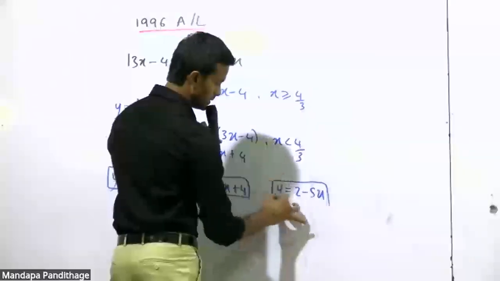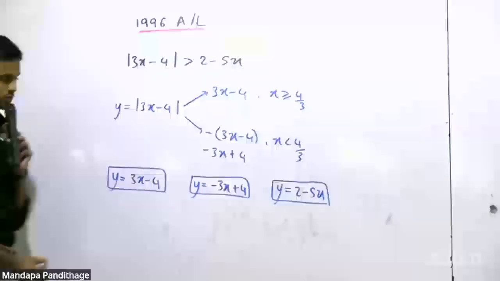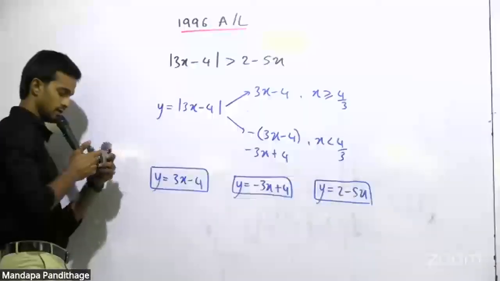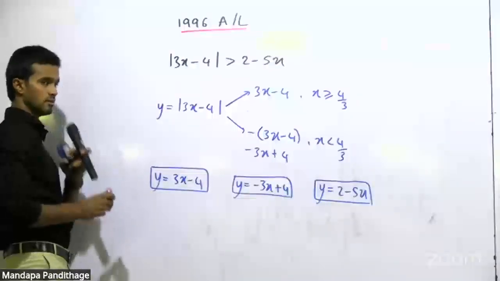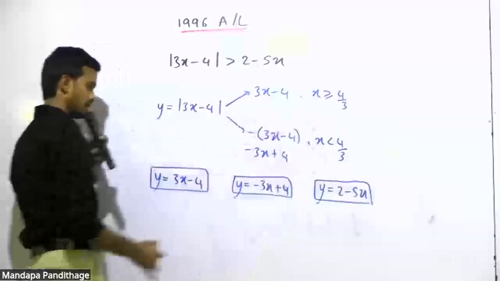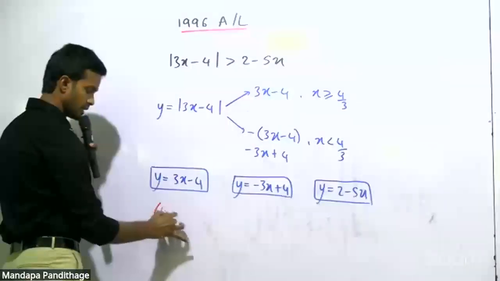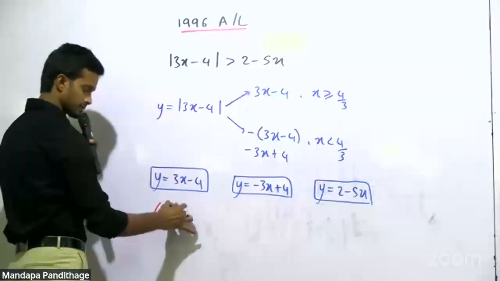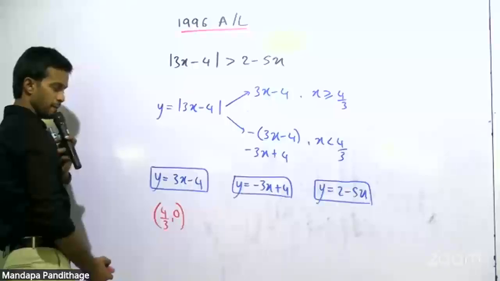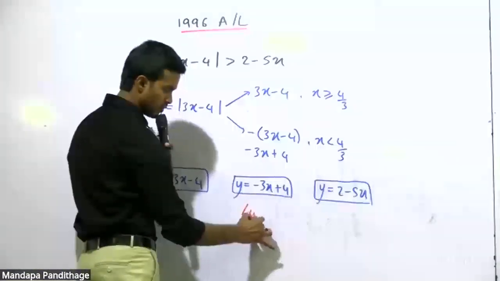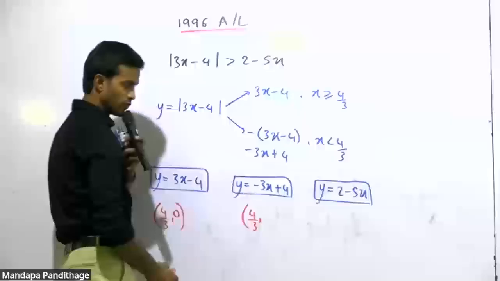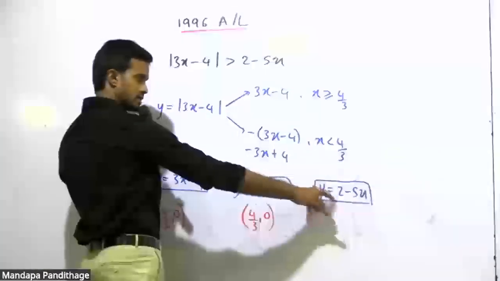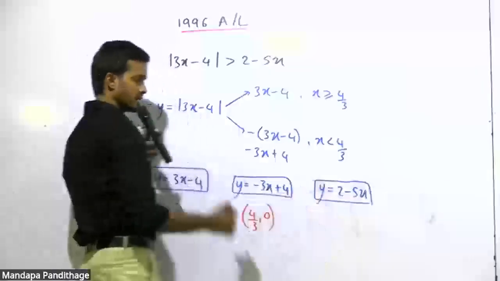If you remember, last week I told you how to sketch the graph using only one point, the turning point, which is 4 over 3. When you substitute 4 over 3, you get 0 in both, and for the other line we have the intercept that we can sketch later.